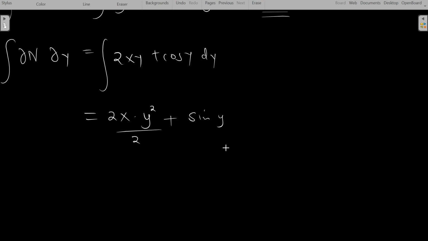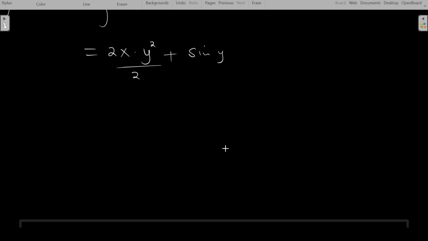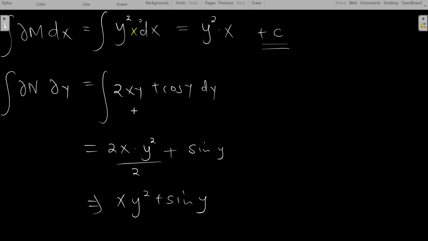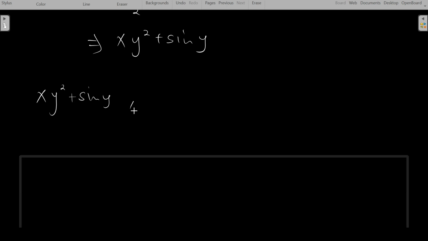Once you have already gotten that, let's clean this up a bit. This is just x y squared plus sine of y. Again, from the top integral, we had y squared x.